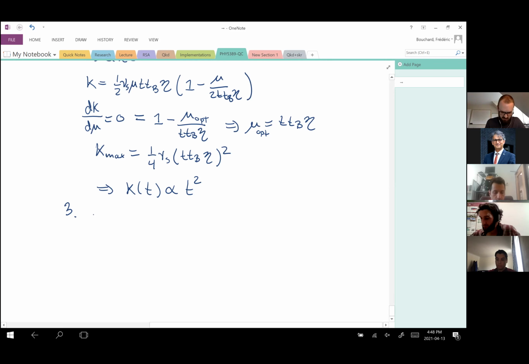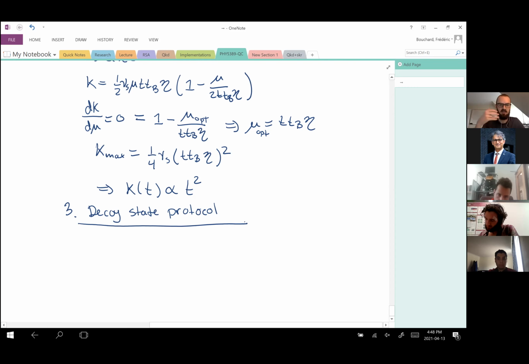But then someone came up with what's known as the decoy state protocol, which basically allows you to get back a single photon scaling in terms of secret key rate while still using a laser. So that was a big step in terms of implementations for QKD.